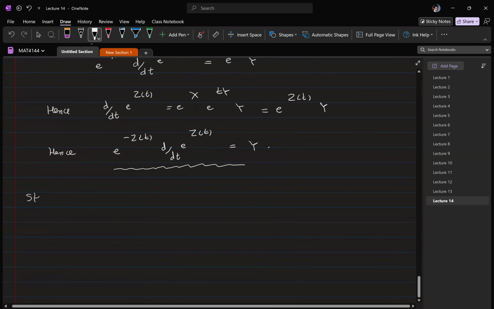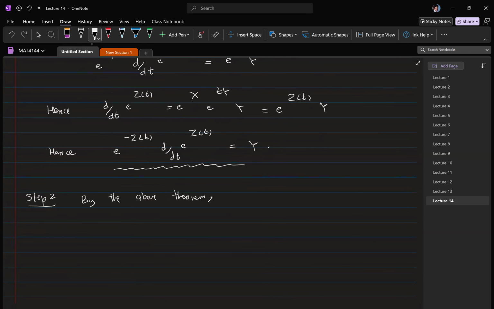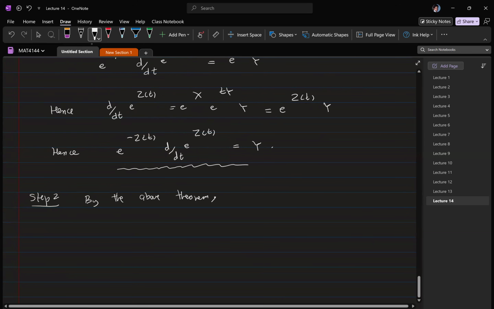So now step 2 is that by the theorem, we can also interpret the left-hand side slightly differently because it's the derivative of the same function that we had. So we have this e to the minus zt d dt e to the zt.